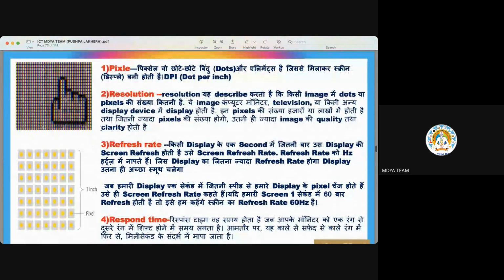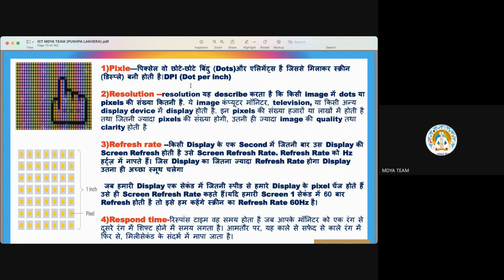Now there are some terms which you should know regarding the display. One is pixel. Pixels are just picture points, dots. These picture points have primary color dots, and they get illuminated as they receive the signal, and they are measured in dots per inch.